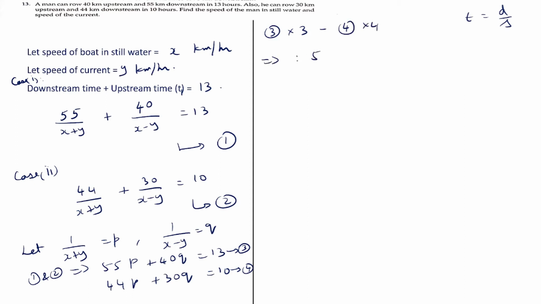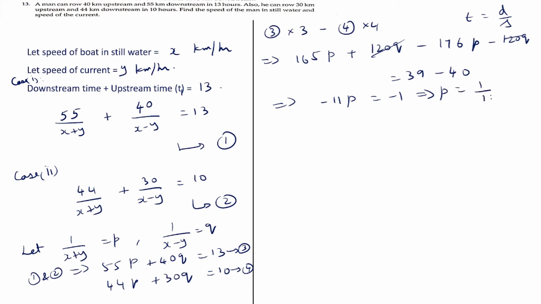So 165p plus 120q minus 176p minus 120q is equal to 39 minus 40. So from this we get minus 11p equal to minus 1, or p is equal to 1 by 11.